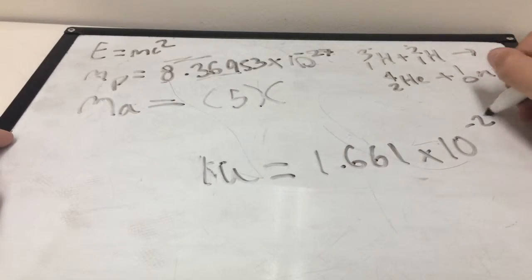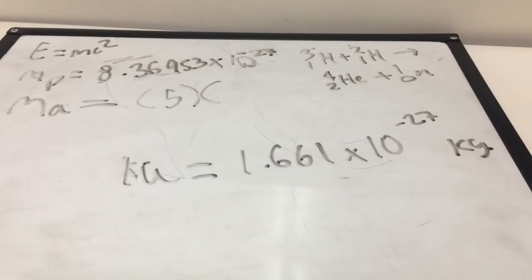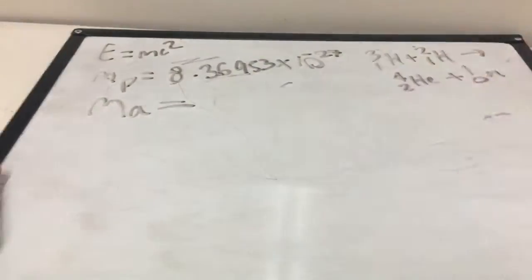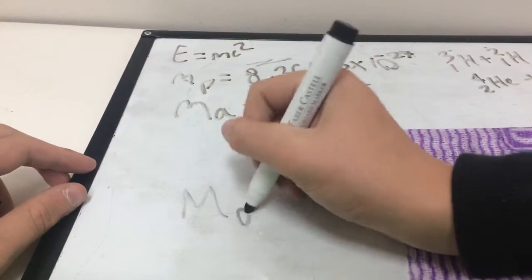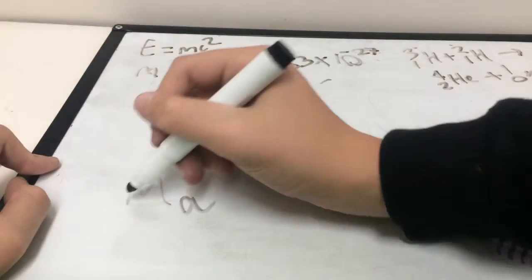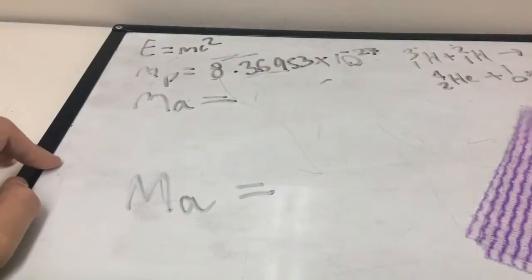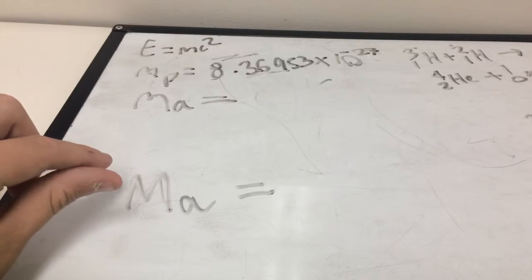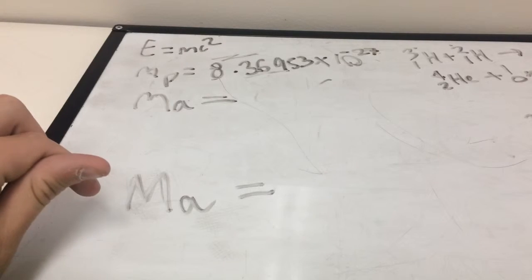I think I mentioned it, but I'm going to do it again just in case. There's that many kilograms, okay? So essentially all we've got to do now is calculate the actual mass. I'm nearly at the 20-minute mark. Try to keep it under half an hour.